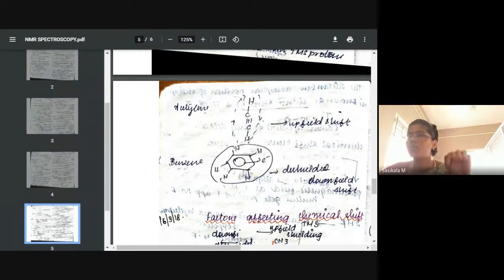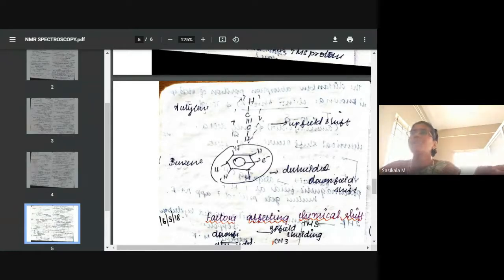The diamagnetic field strength will be reduced with the electronegative group. The electronegative group will be attracting more electrons towards itself, reducing the electron density, so that the proton present inside the diamagnetic field will require less energy for resonance. So the shift occurs towards downfield. So when the minus I effect is present with the protons, definitely it will appear towards downfield shift. So from the expected chemical shift, it will be shifted towards downfield.